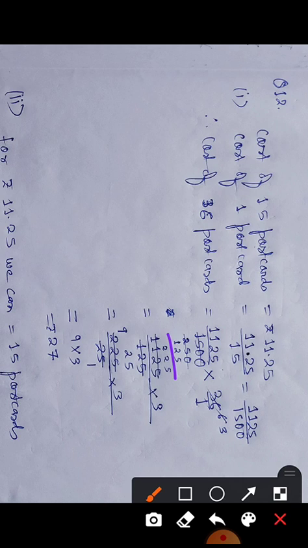Now again we'll write 1125 by 125 into 3. Now try to divide or reduce 1125 by 125. Using 5 table, if you reduce 1125, you will get 225, and if you reduce 125, you will get 25.